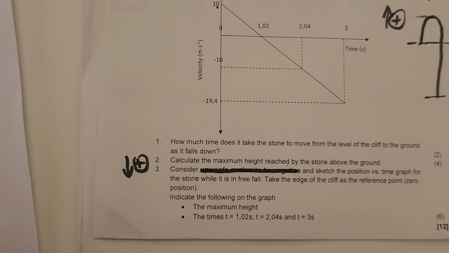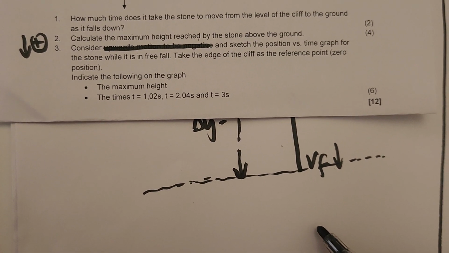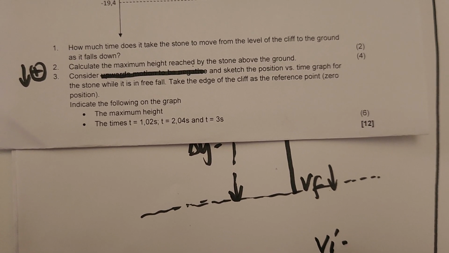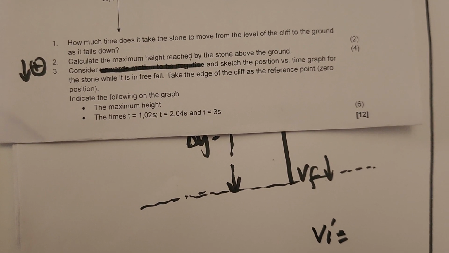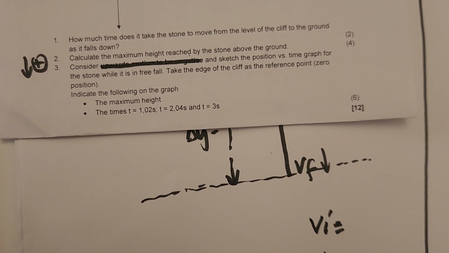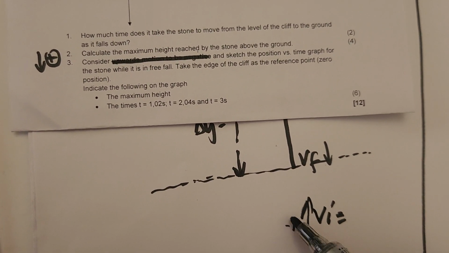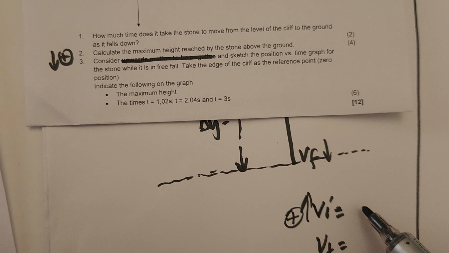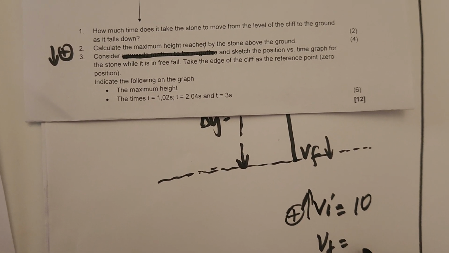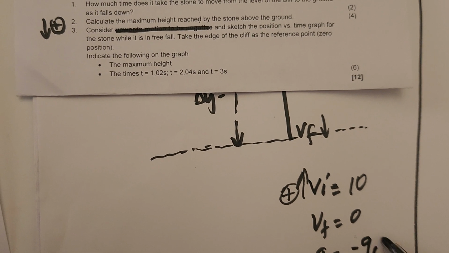The first height will be, if we now just mention what is given, VI, VF, A, delta t, and delta y. So we say upward is positive. Therefore, VI according to this one is 10. VF will be 0 at the maximum height. A is negative 9.8.